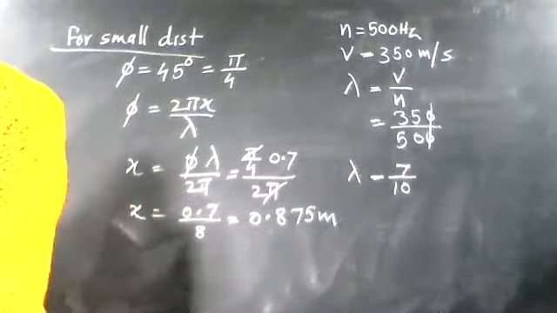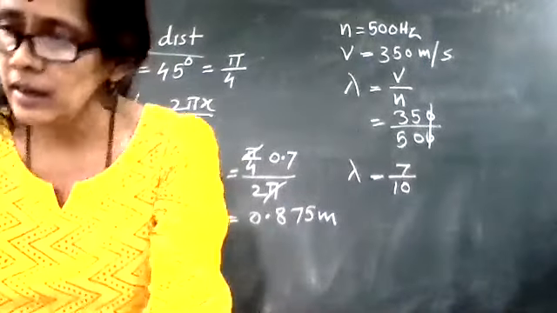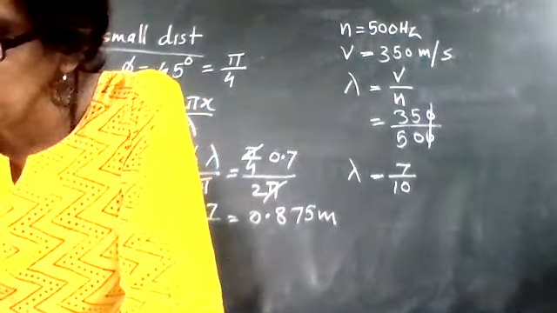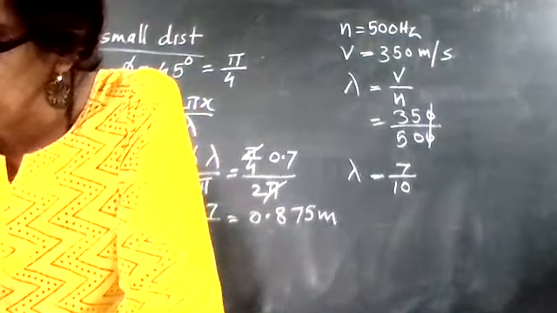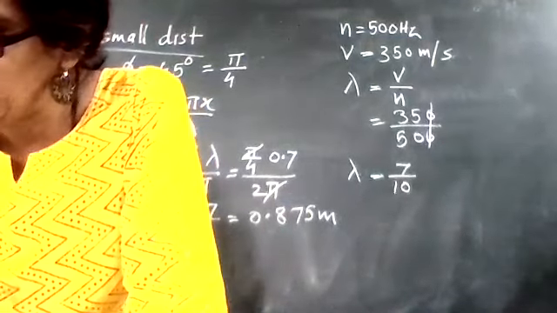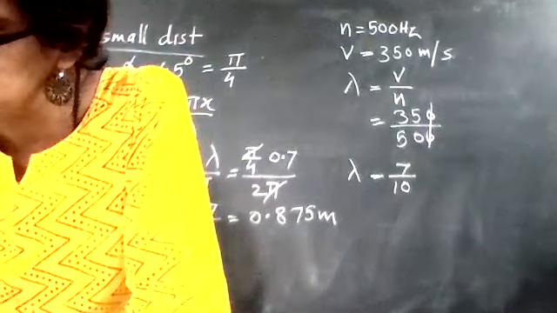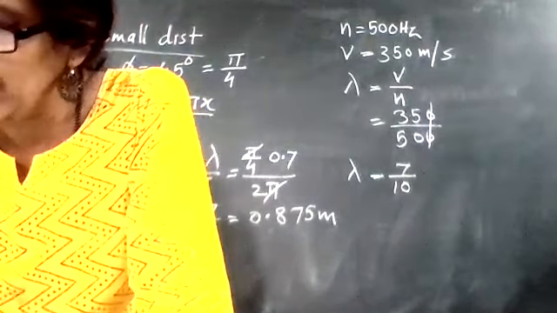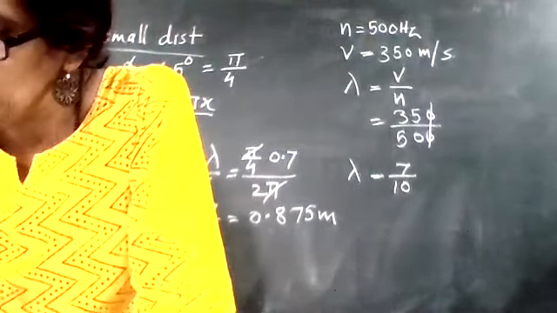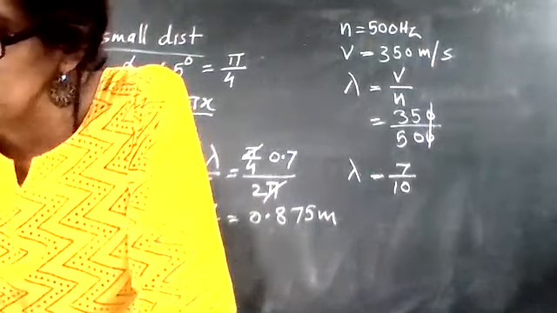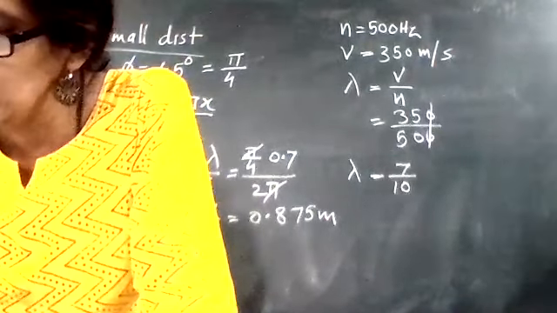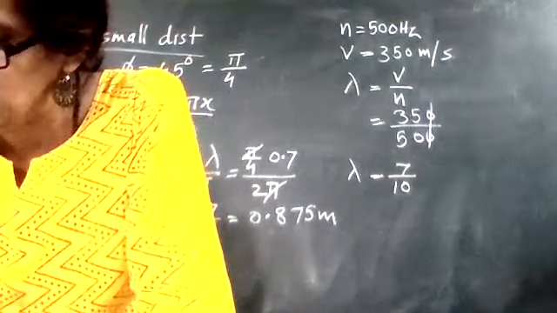In that 11th problem, you have given sound wave in a certain fluid medium is reflected at an obstacle to form a standing wave. The distance between two successive nodes is 3.75 centimeter.